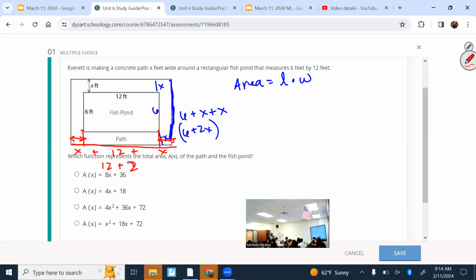So you got to make it an expression so that we can plug it in and multiply them out. So when you plug it into your area formula, I get 6 plus 2X times 12 plus 2X.